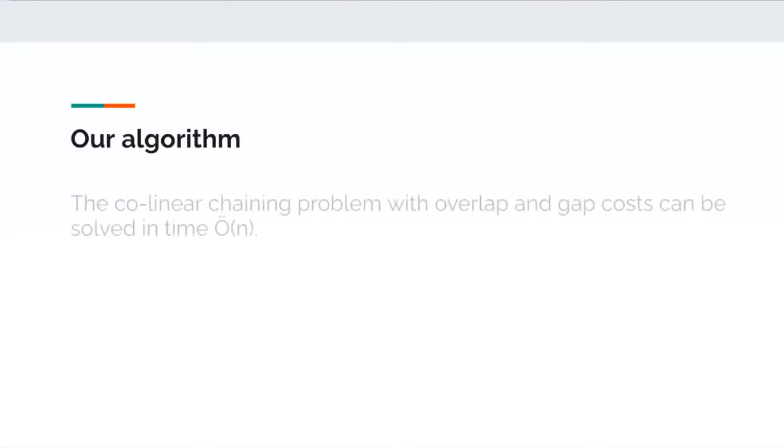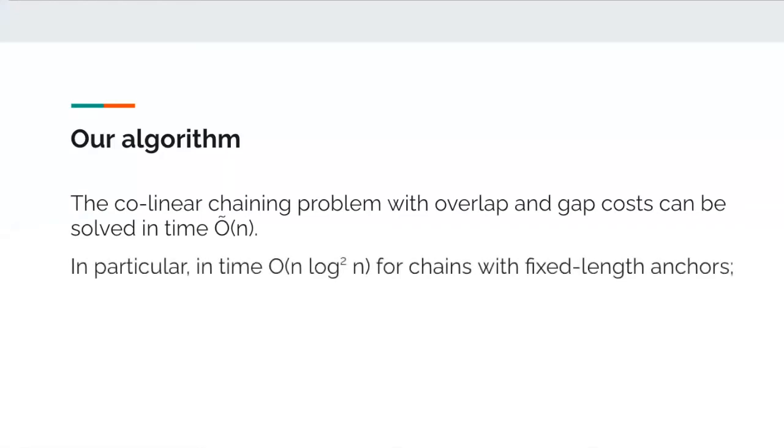So we can provide an algorithm that solves the collinear chaining problem with overlap and gap costs in time Õ(n). Here this Õ(n) hides polylogarithmic factors. And here are some special cases where we can actually give the logarithmic factors. For chains with fixed length anchors, we can solve this problem in O(n log² n) time.